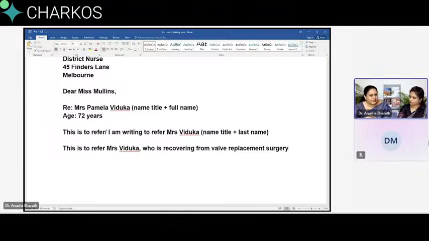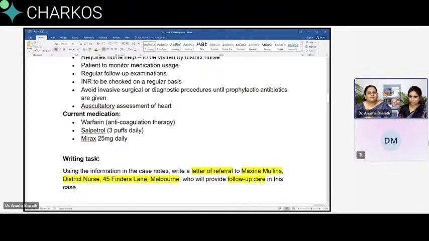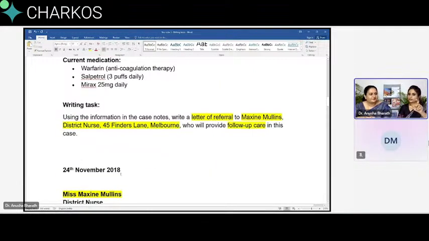Shall I place a full stop? Yes. Okay. Now we'll have to write, why are we writing? We are writing to refer Mrs. Viduka. And how is the present condition? She is recovering from valve replacement surgery. Now, what is the requirement? Exactly. So, what will we state? What does she require? According to the writing task, the words that we have blocked here are follow-up care.